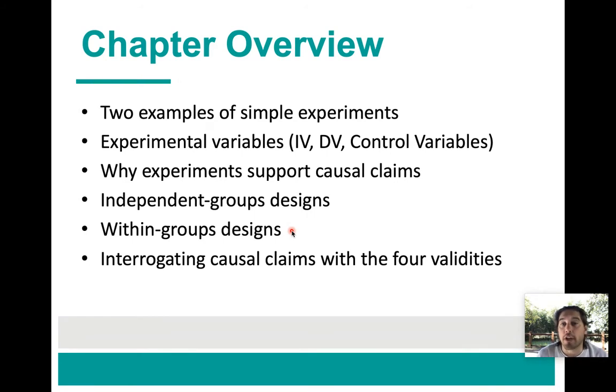We can construct these experiments in different ways. And then we're going to briefly map our four validities onto these causal claims. We've done this before at the beginning when we discussed causal claims, but here we're going to do it again with maybe a touch more detail after discussing how to build experiments themselves.